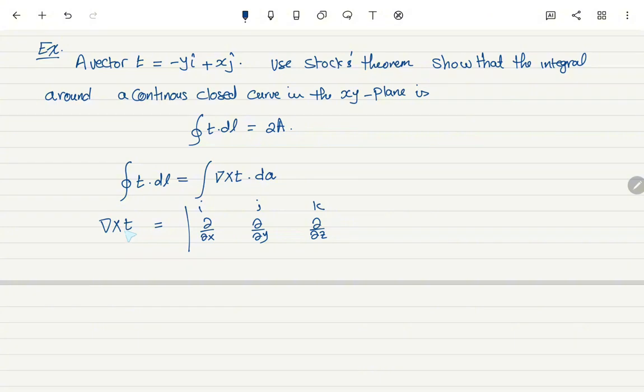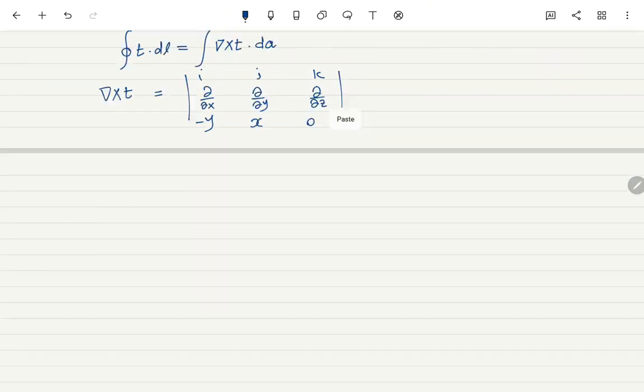The components of t are minus y, x, 0. Upon solving this determinant, you will get 1 plus 1 k hat, or equal to 2k hat.